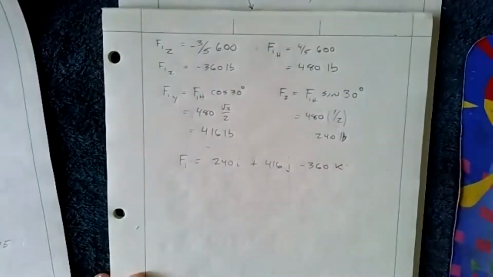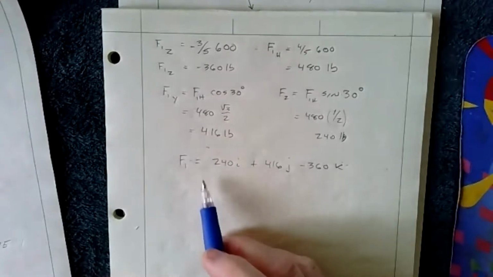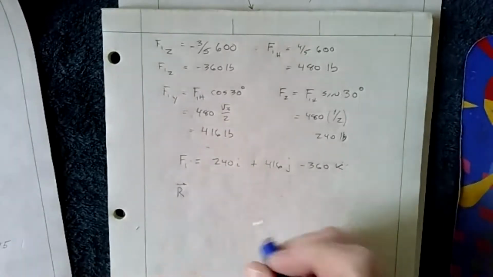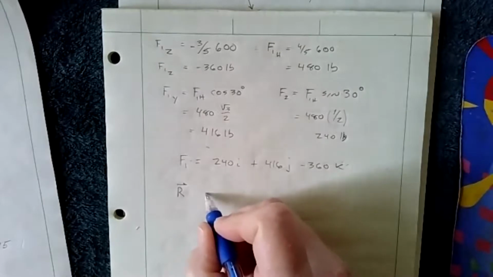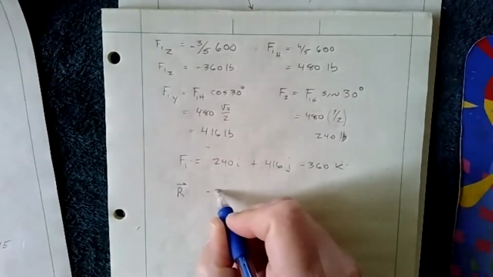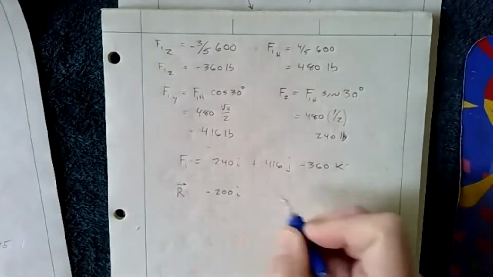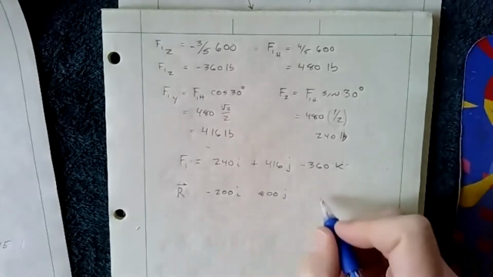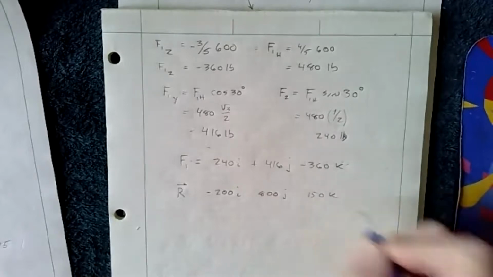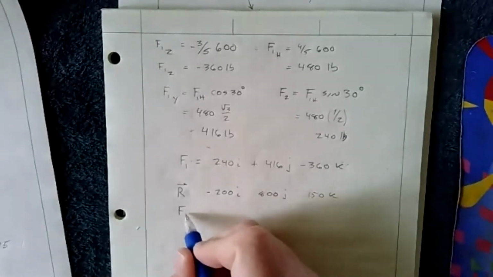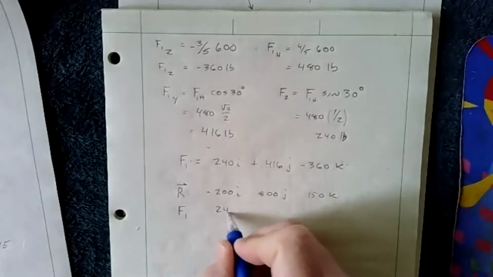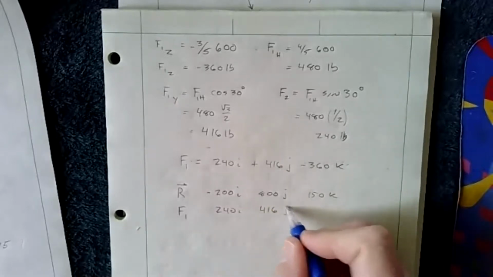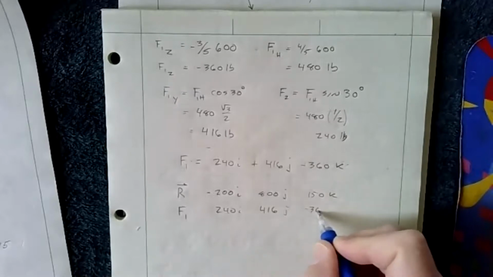There you go. And we know that we want to subtract that from R. So I'm going to write R down here, given as negative 200i, 800j, and 150k. And F1: 240, 416, and negative 360.